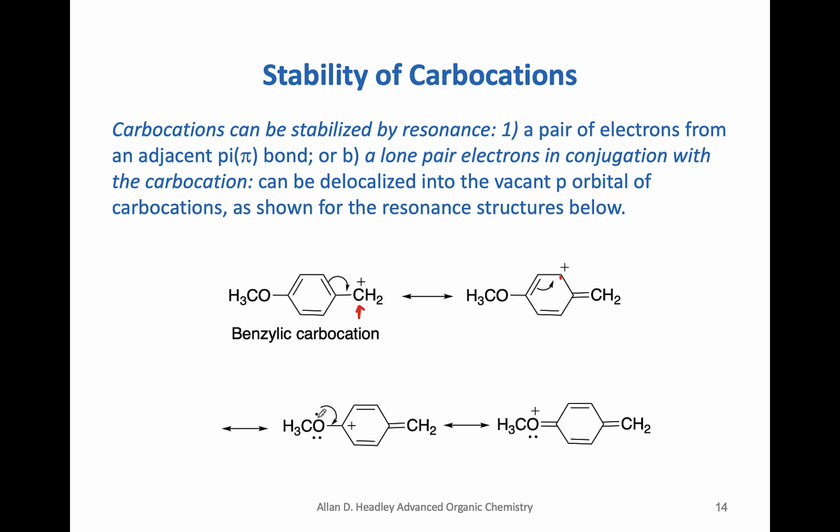Here's another form. If there is a substituent adjacent to the carbocation that has at least one unshared pair of electrons, these electrons can stabilize that carbocation by delocalizing the charge from the carbocation to the adjacent atom, in this case the oxygen.